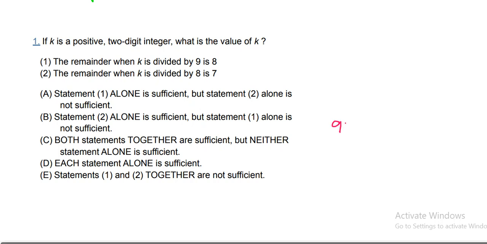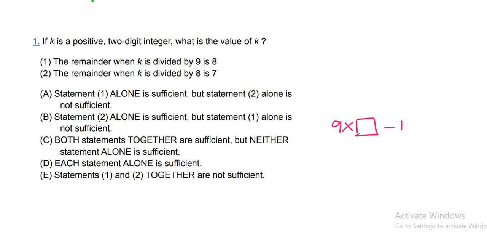Therefore the possible values of k according to this statement are 17, 26, 35, 44, 53, 62, 71, 80, 89 and 98.